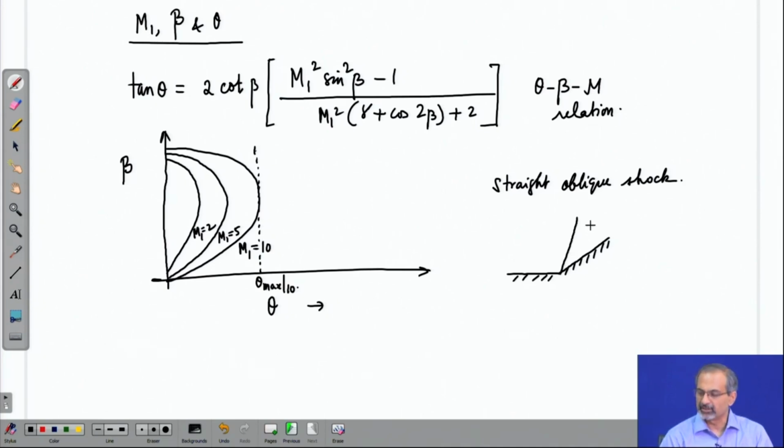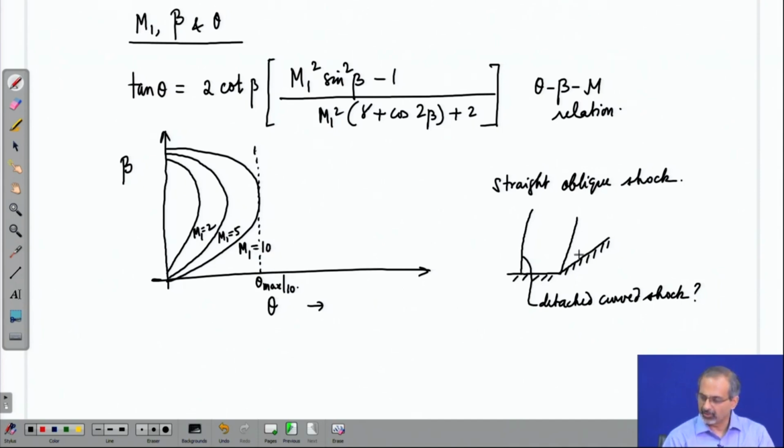So, this is a straight oblique shock which is emerging right at the compression corner. Could there be a case where the shock gets displaced from here and it becomes a so-called detached curved shock? Well, yes, it is possible.